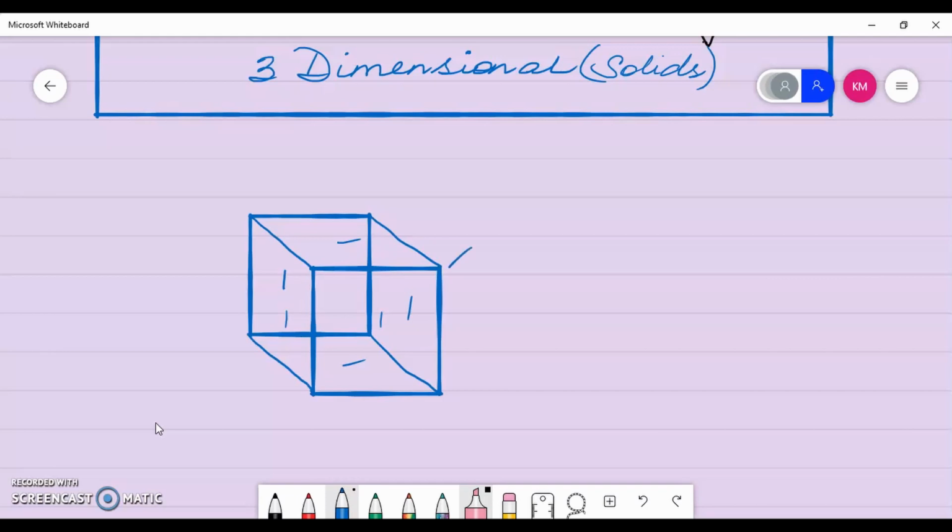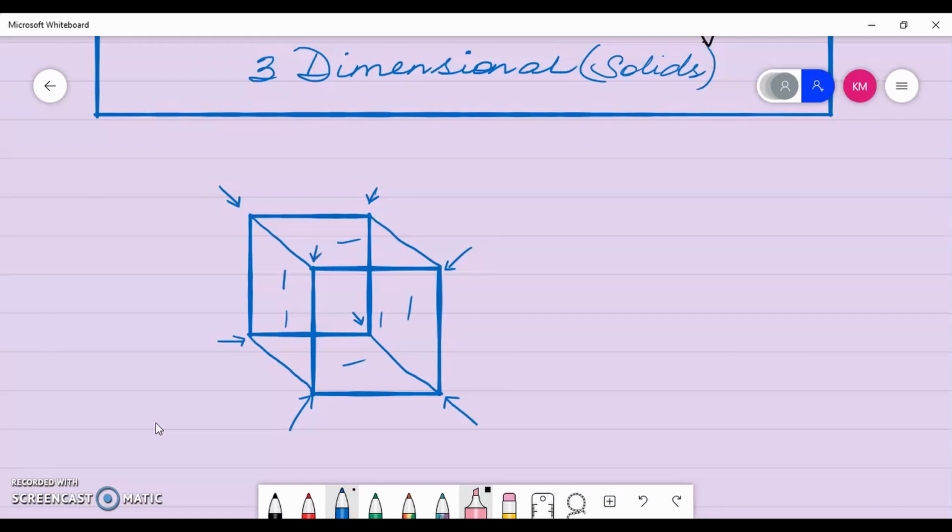Now these corners also have a name, and let's see how many corners our cube has. That's 1, 2, 3, 4, 5, 6, there's one at the back, 7, there's one in this corner here, 8.